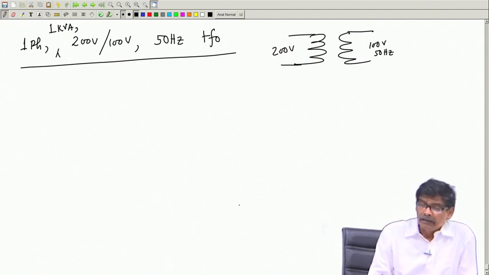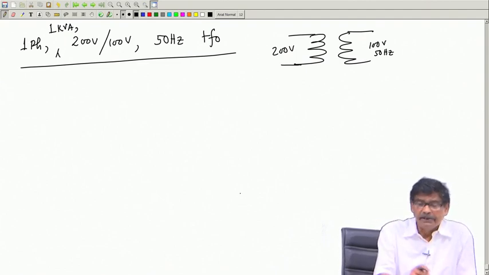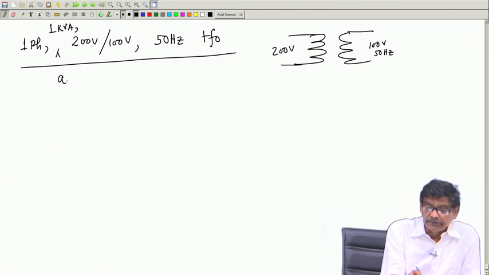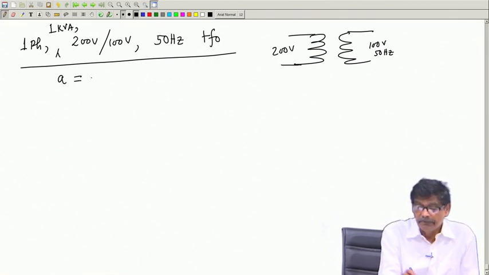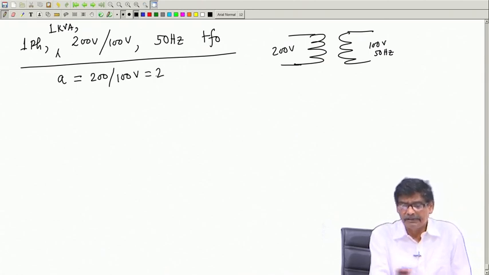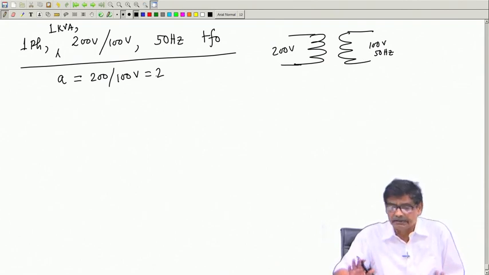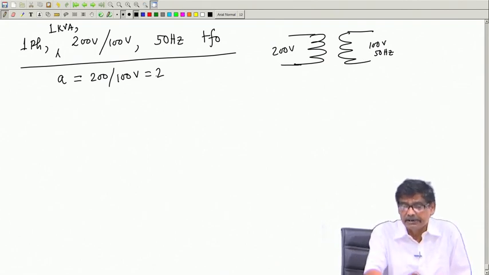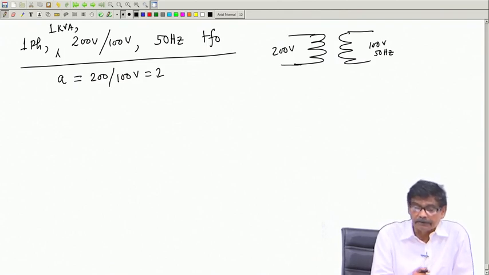Okay. And the turns ratio will be 200 by 100. This is the turns ratio I can get.